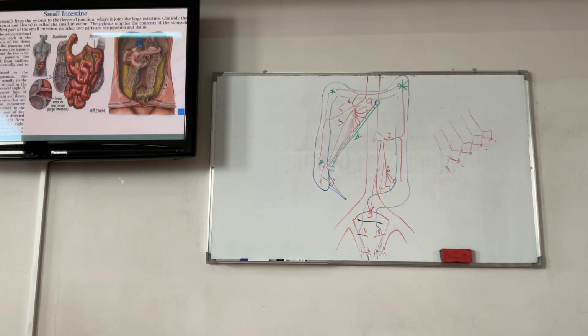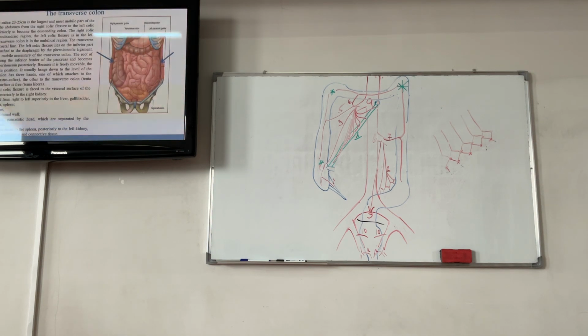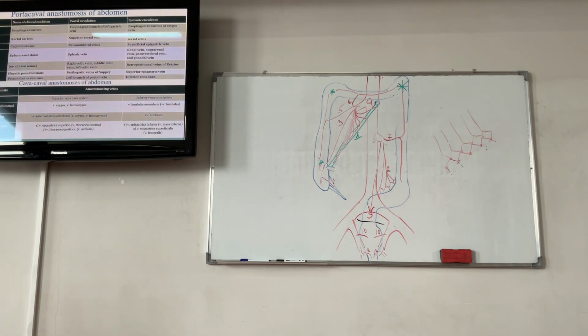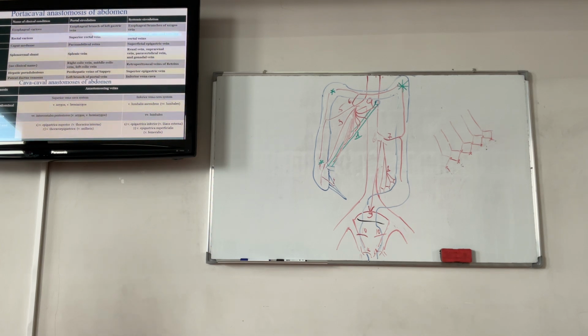But I drew here for you a special diagram which shows all these portocaval anastomoses. And you can see that there are 5. Of the 5, 3 you know: one in the anterior wall, caput medusae; second between esophagus and stomach; third now between the upper and middle third of the rectum. Where are the 4th and 5th?